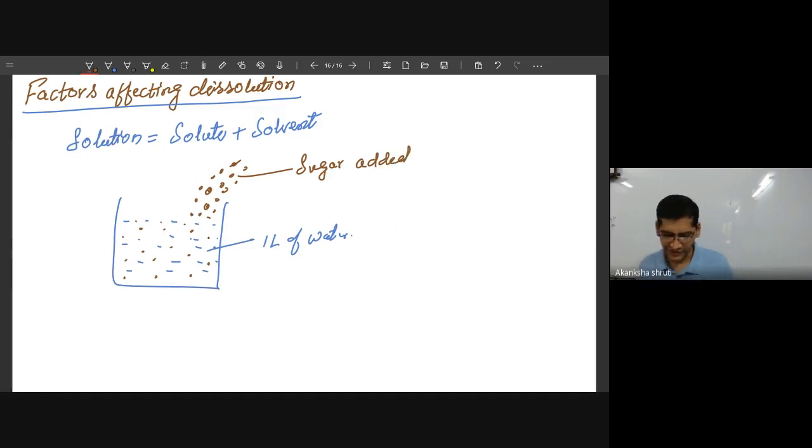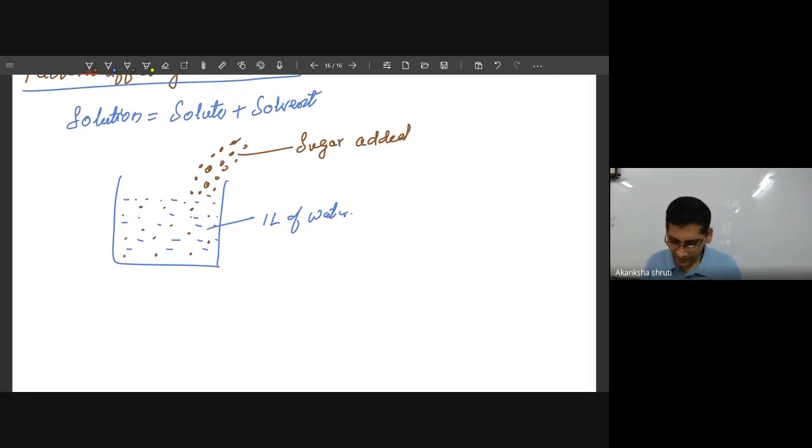You continue to add, and it can dissolve as long as the spaces between the particles of water molecules are filled with sugar particles. Afterward, there will be no spacing between the water molecules.